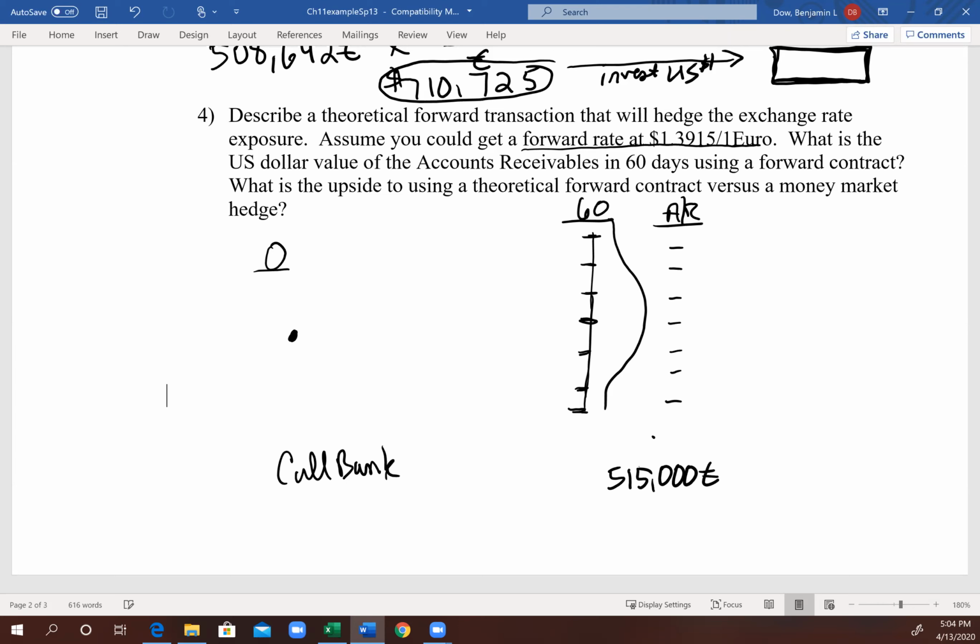The problem is most forward transactions are for large transactions. So that's why I kind of said theoretical forward rate.